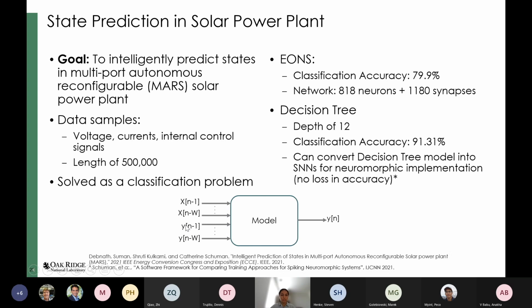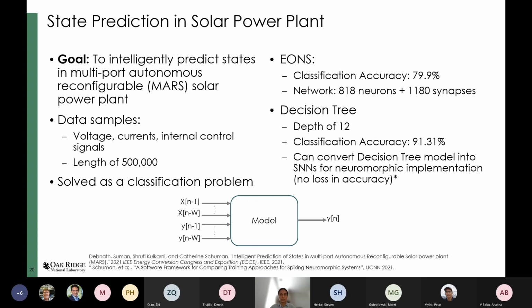So the problem is that we have different sets of X, Y, the input samples, and then the Y, that is the data to be predicted. Looking at a certain window of the input samples and the previous window of the output samples, we need to make a prediction of the next state value.